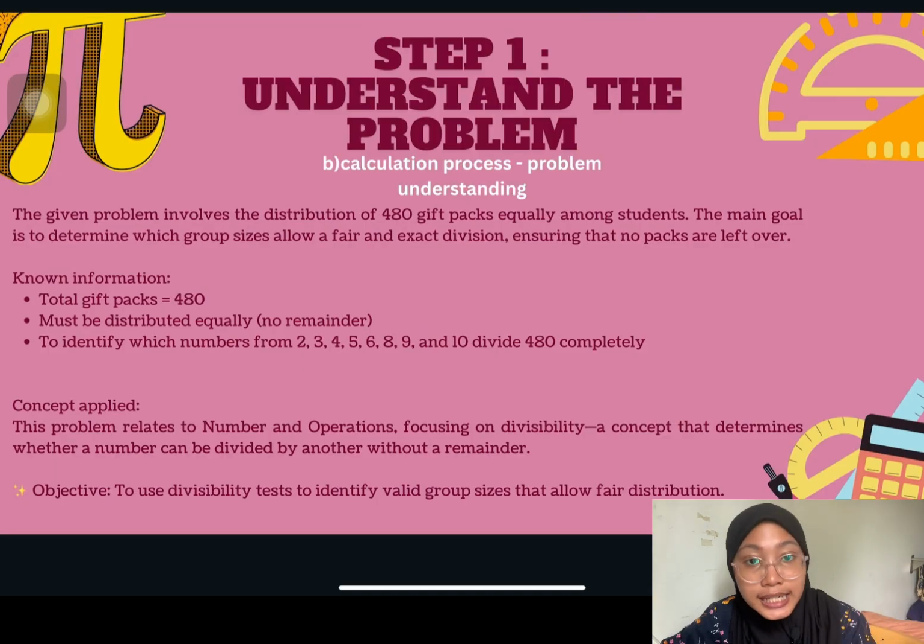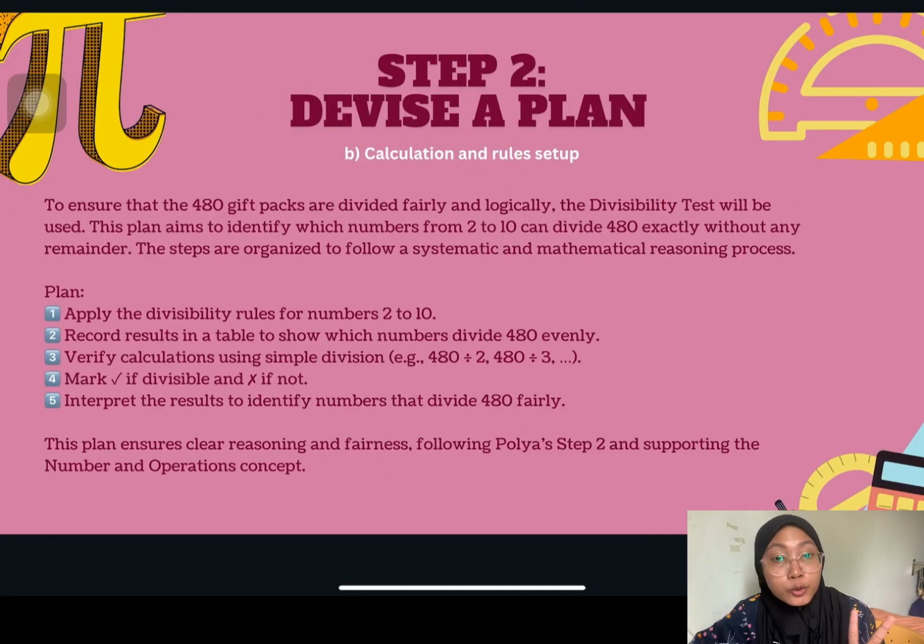We move to the next slide, which is step 2, devise a plan. In step 2, we have calculation and rule setup. To ensure that the 480 gift bags are divided fairly and logically, the divisibility test will be used.